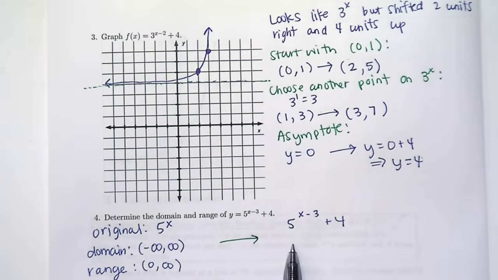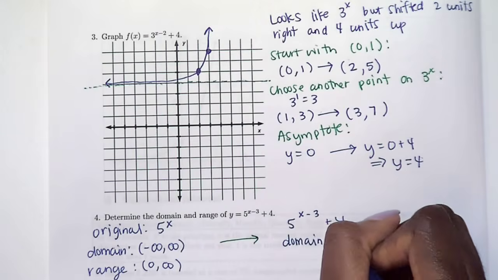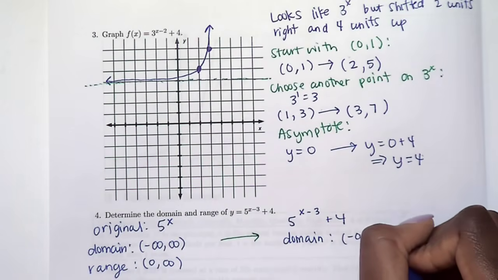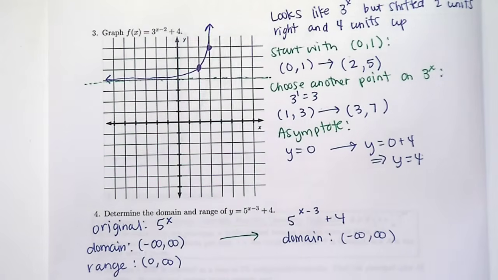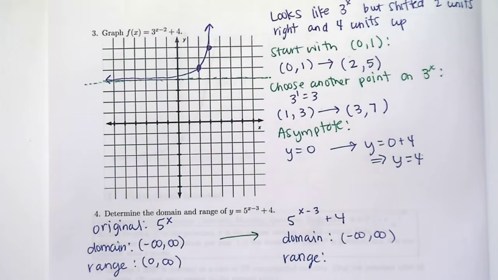Now let's look at our new transformed function. For the domain, we need to shift 3 units to the right, but if we're going from negative infinity to positive infinity, shifting 3 units won't do anything really. So it's still from negative infinity to positive infinity. Let's talk about the range.